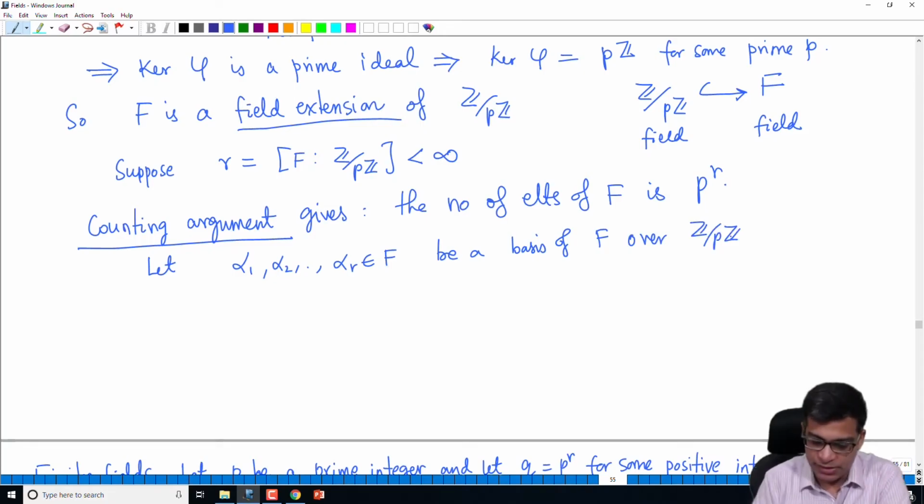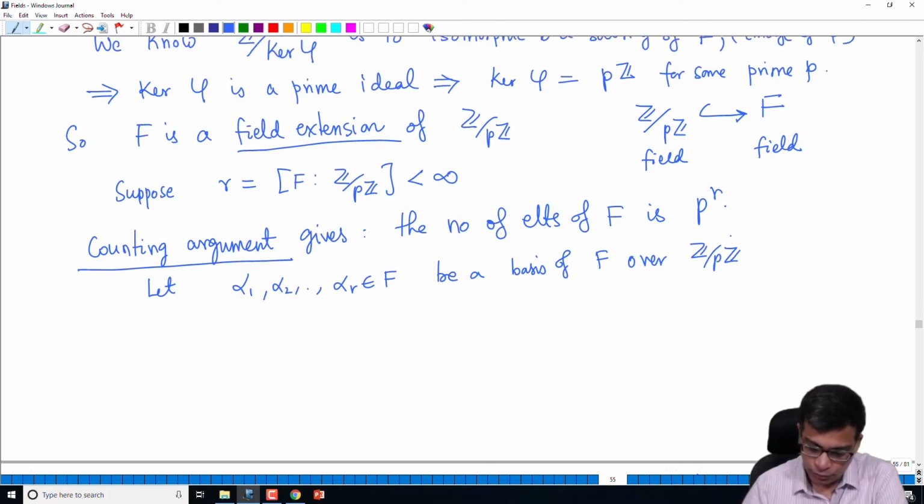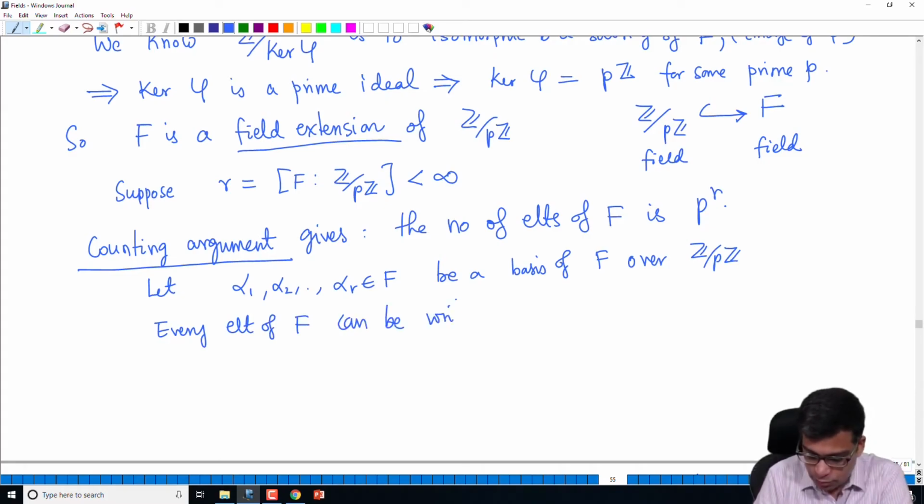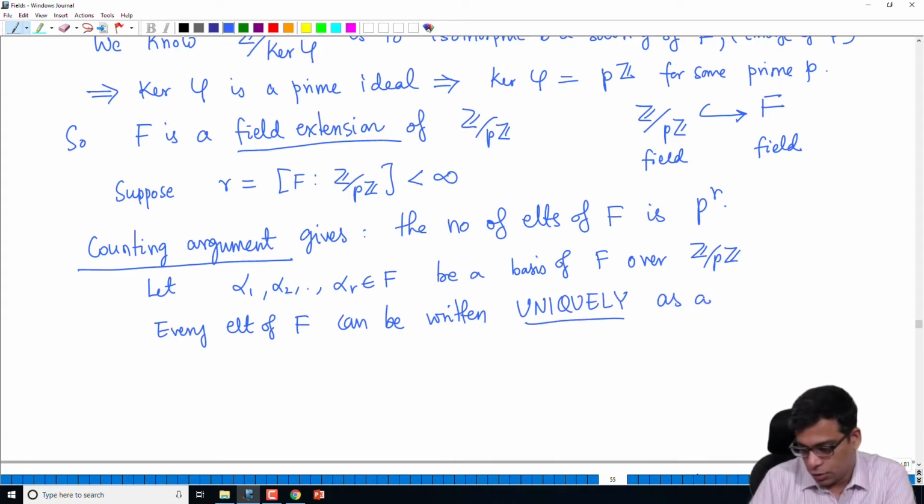Okay, if this happens, then every element of F can be written uniquely as a linear combination a1 alpha 1, a2 alpha 2, ..., ar alpha r, right?